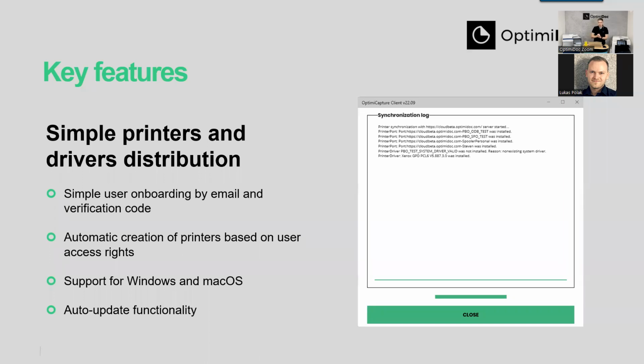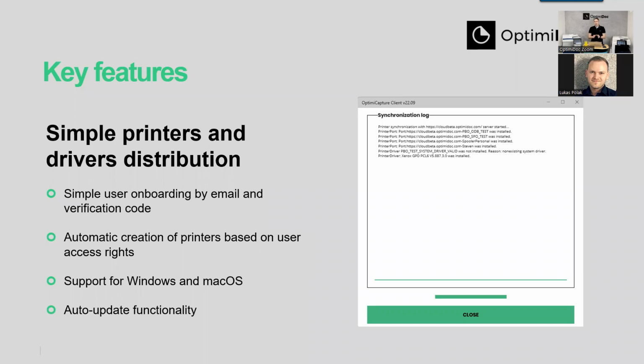It's a multi-platform package, which could be installed on Mac and on Windows, and it manages the automatic creation of printers, drivers, and printer settings on a user's workstation. So once you have a running client on your workstation, it automatically synchronizes your printers based on your access rights and based on your position. That's really important.